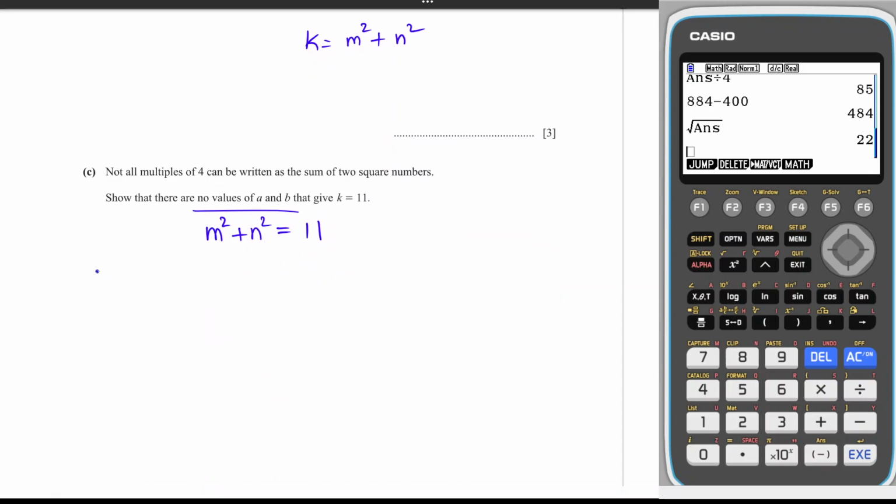So let us just check. 11 is equal to 0 plus 11, neither of them are squares. 1 plus 10, 2 plus 9, 3 plus 8, 4 plus 7, 5 plus 6, and then it will repeat.